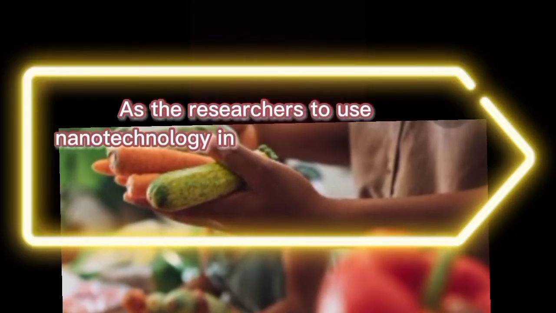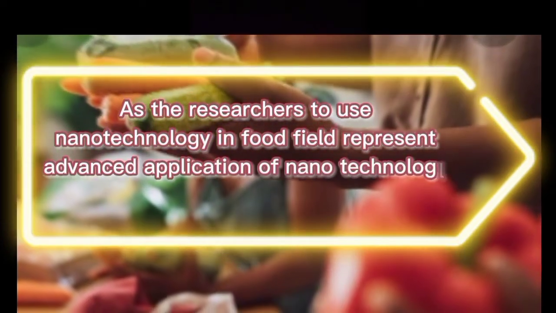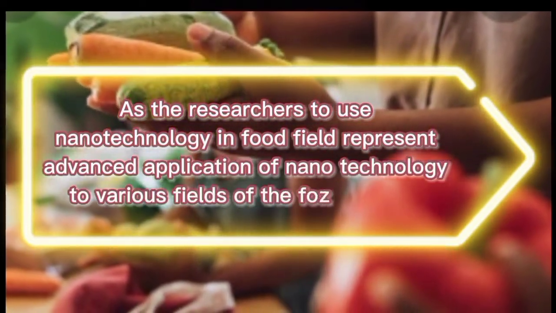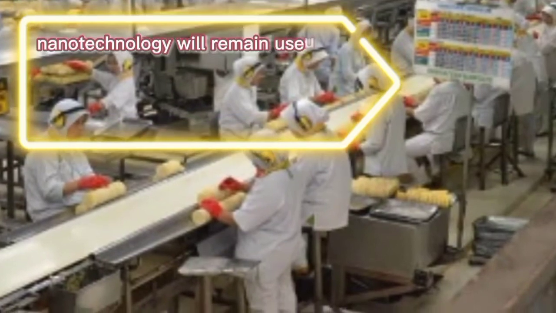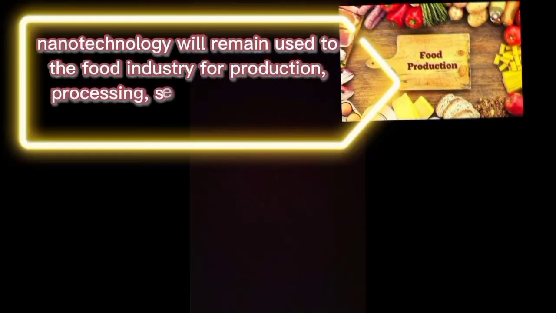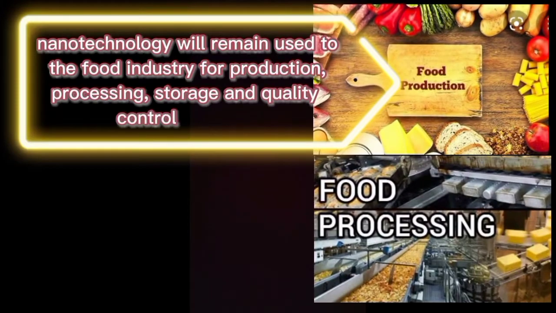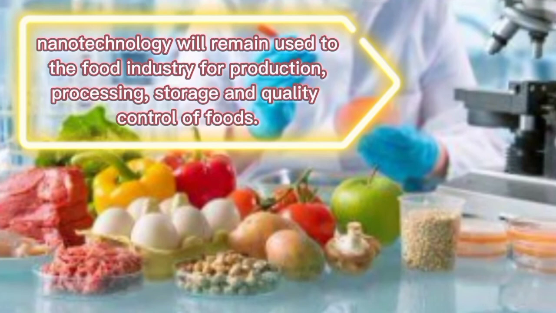Researchers use nanotechnology in the food field, representing advanced application of nanotechnology to various areas of the food industry. Nanotechnology will be used in the food industry for production, processing, storage, and quality control of foods.